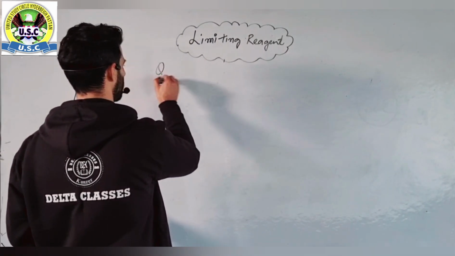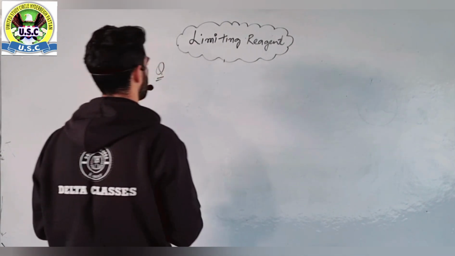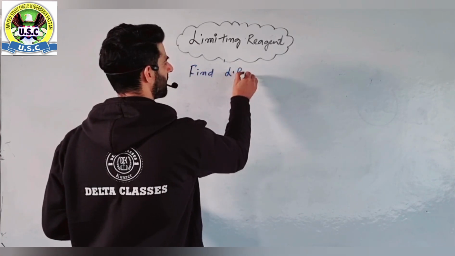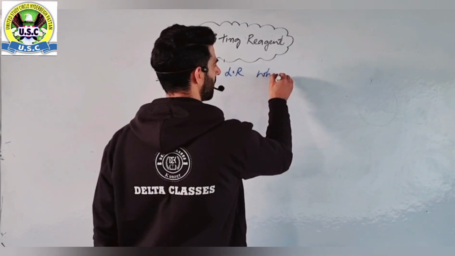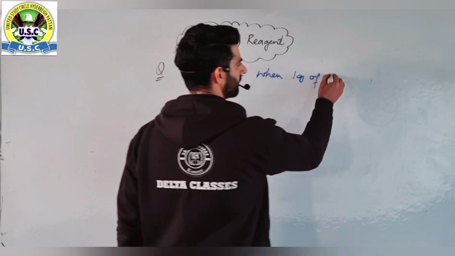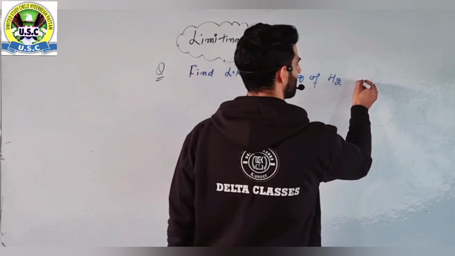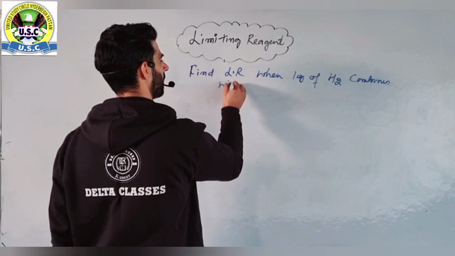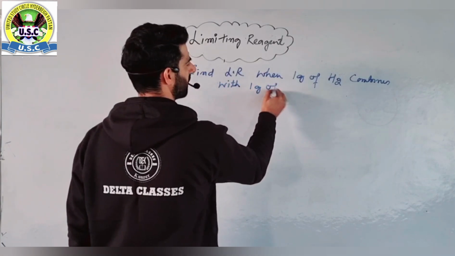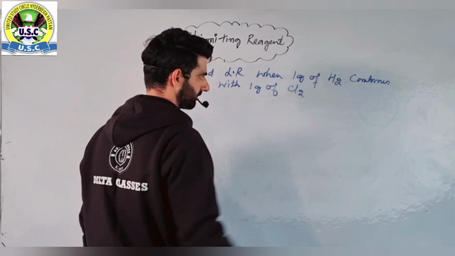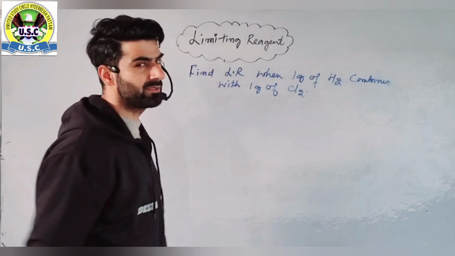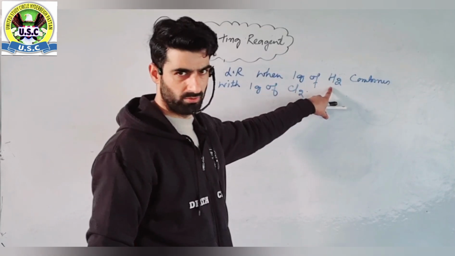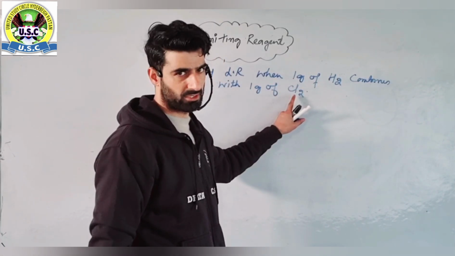Let us suppose we have a numerical: find the limiting reagent when 1 gram of H2 combines with 1 gram of Cl2. In this numerical, we have some given data: 1 gram of H2 and 1 gram of Cl2.